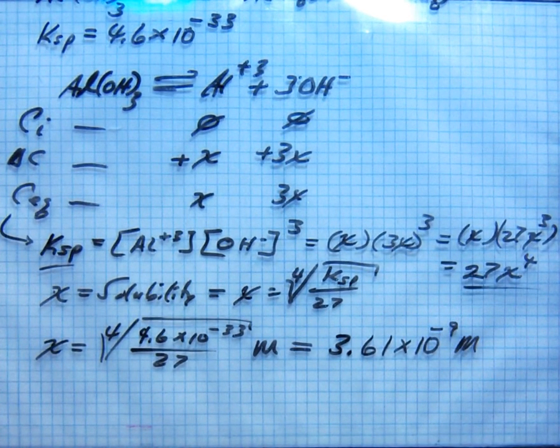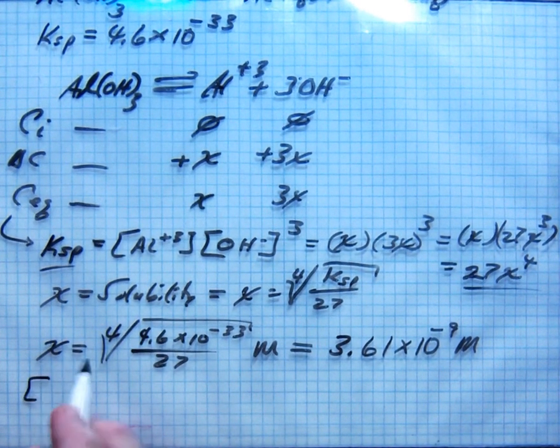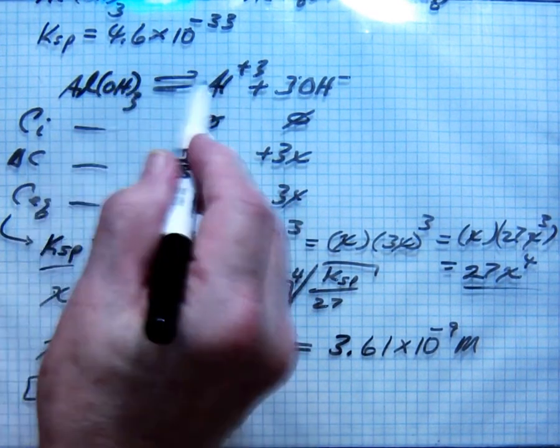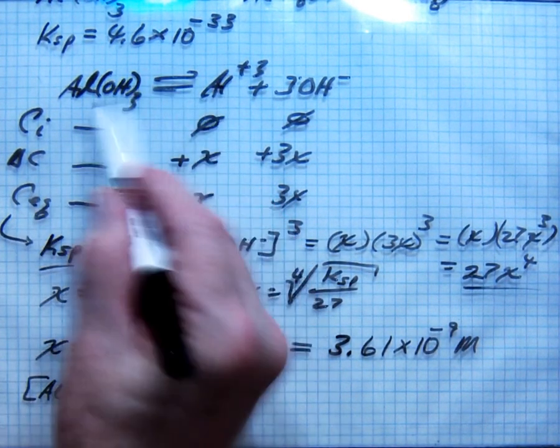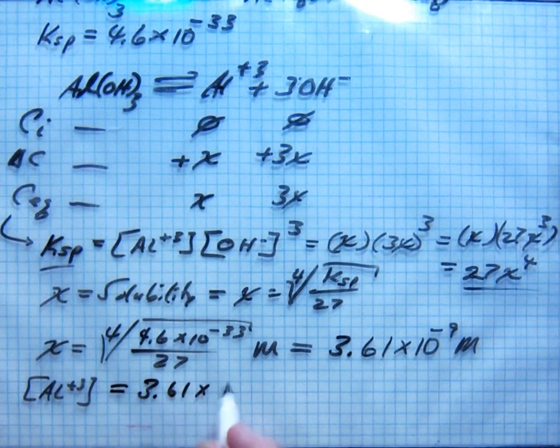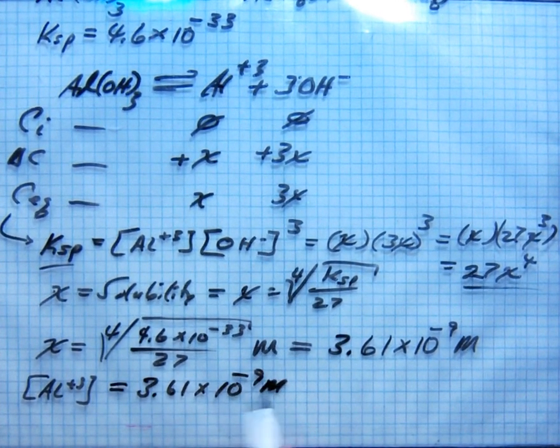So this is 3.61 times 10 to the minus 9 mole per liter of the compound delivering ions into solution, and that's the solubility. What is the solubility of aluminum? Well, it's 1 to 1 with the compound, as you see up here. So it too is 3.61 times 10 to the minus 9 molar.